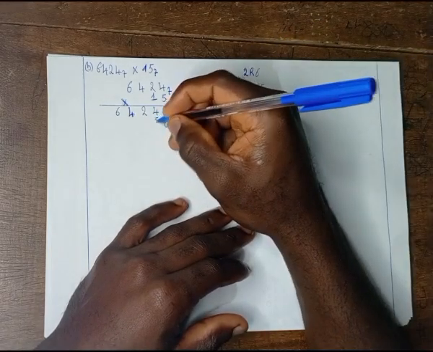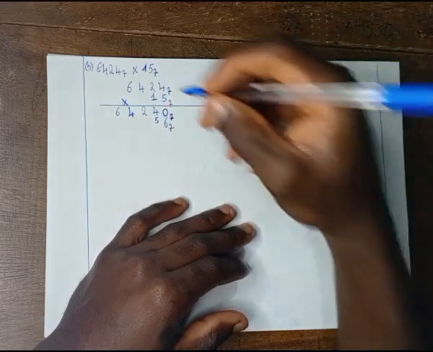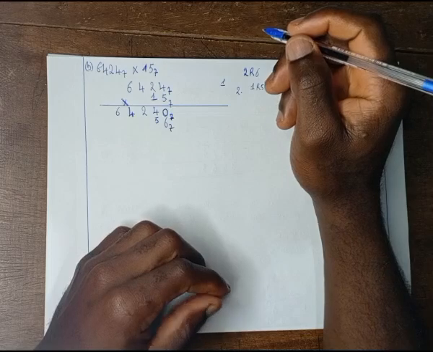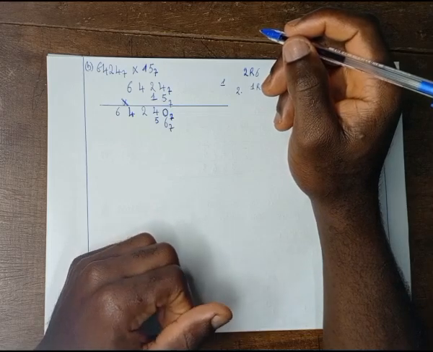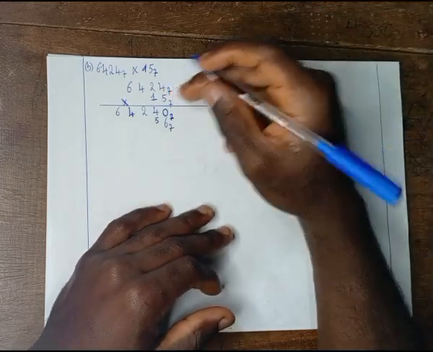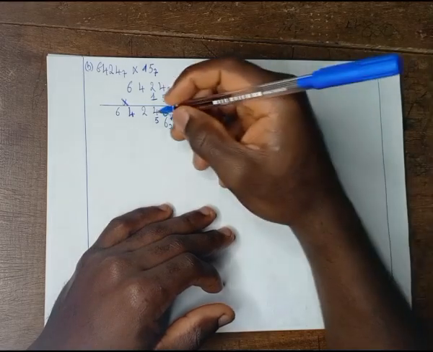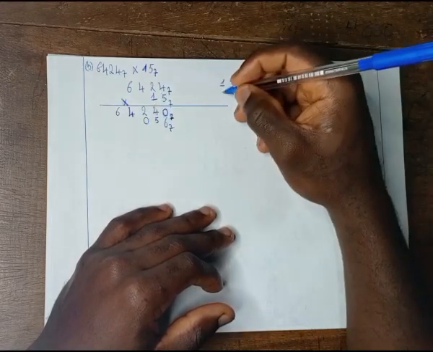We are going to write down 5 here, we carry 1. Next, 5 times 4 gives us 20, plus the 1 we carry gives us 21. 21 in base 7 gives us 3 remainder 0. The remainder is 0. We are going to write 0, then we carry 3.